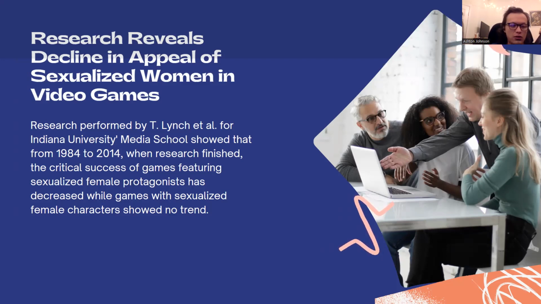Just in case that's a bit ambiguous, like I said earlier with the extra characters, talking about not extras like on a movie set, but just the characters of the movie, of all characters, whether or not the female characters were sexualized had no bearing.